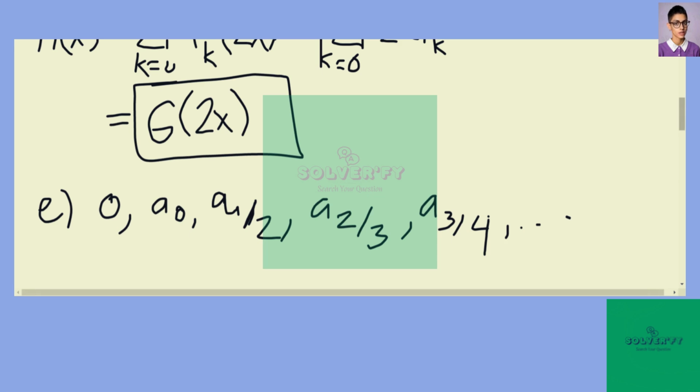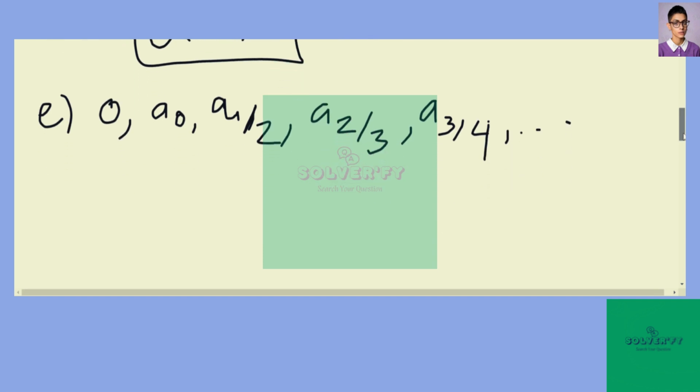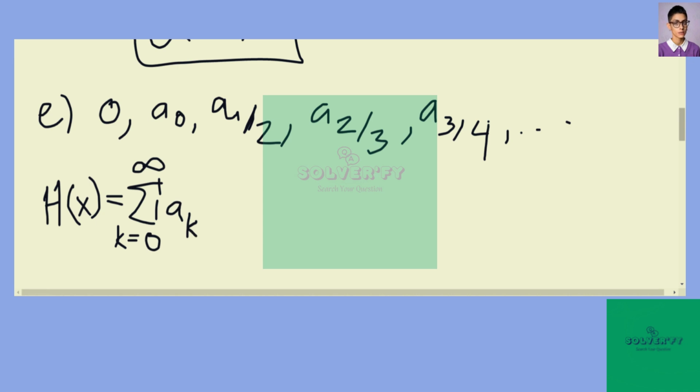So if h of x is the generating function for this sequence, this is going to be equal to the sum from k equals 0 to infinity of a sub k over k plus 1 times x to the k plus 1.